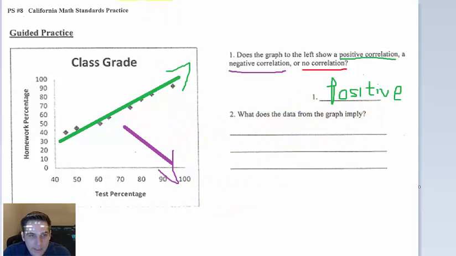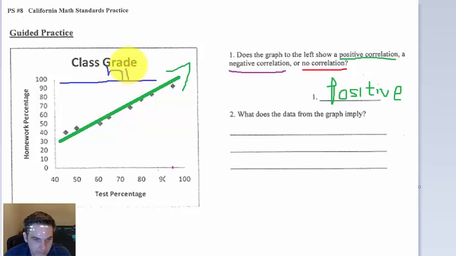It implies that as homework percentages go low, see how right now it's kind of low, and up here, test percentages are high. And right here, test percentages are low. And you're always going to the right.